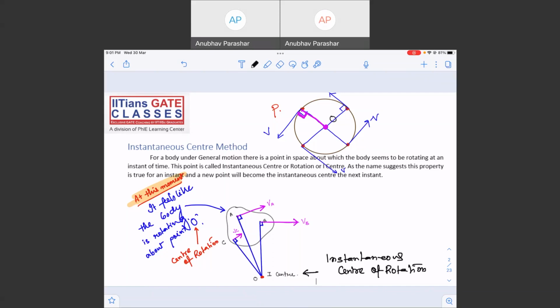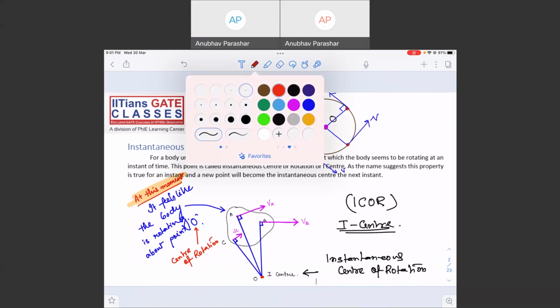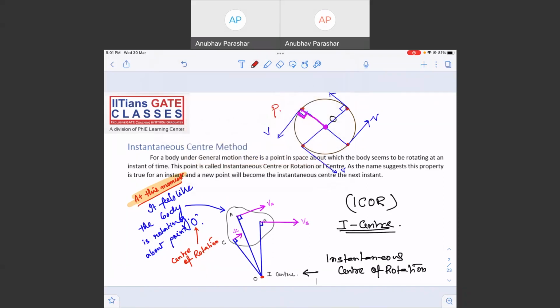We also term it as I center, or sometimes we call it instantaneous center of rotation, ICOR. This concept we will use in velocity analysis of different mechanisms. We'll see how exactly we're going to use this instantaneous center method in analyzing velocities.